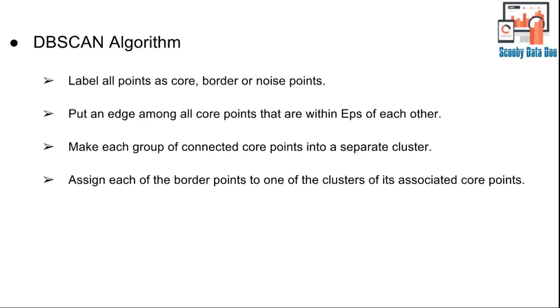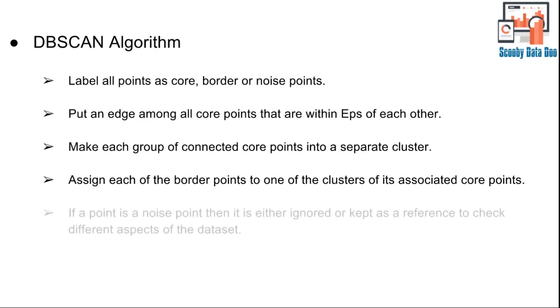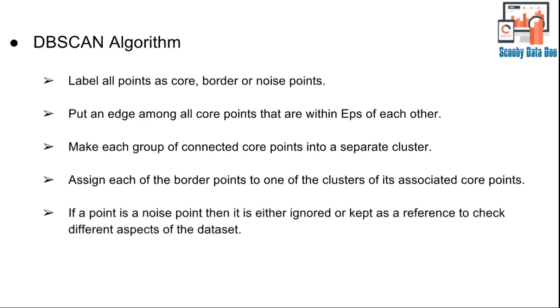After we put edges on all the connected core points, after that we start assigning border points to their corresponding core points. I know this is a little confusing, but when we get into the mathematical problem, things will be more clear. Now if a point is a noise point, just throw it away.